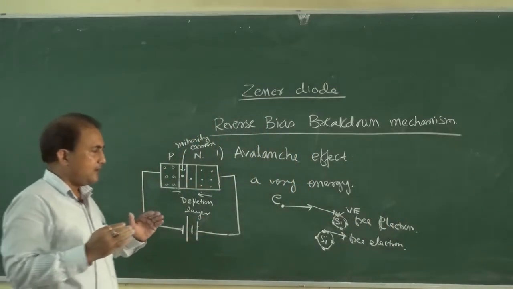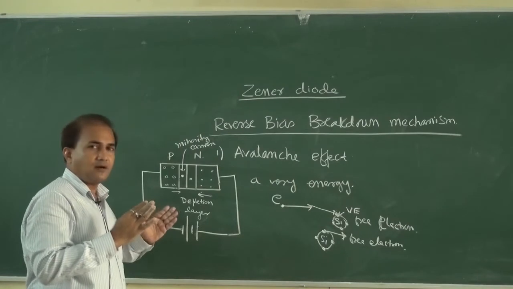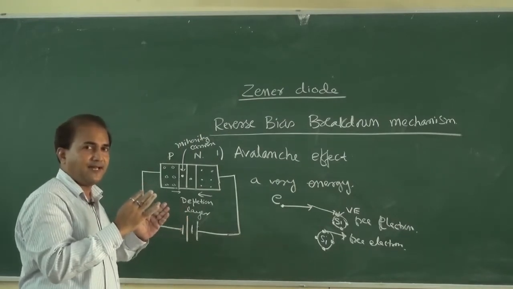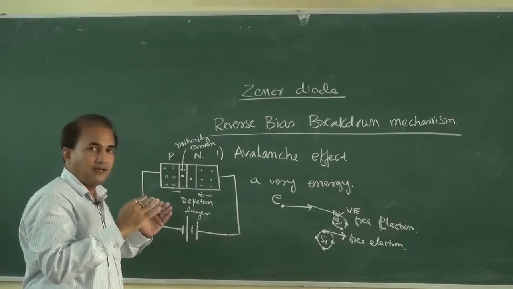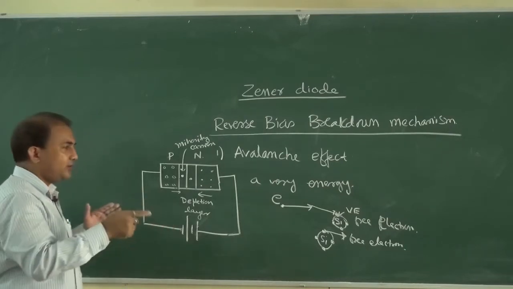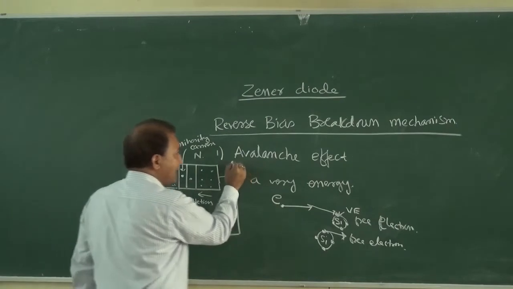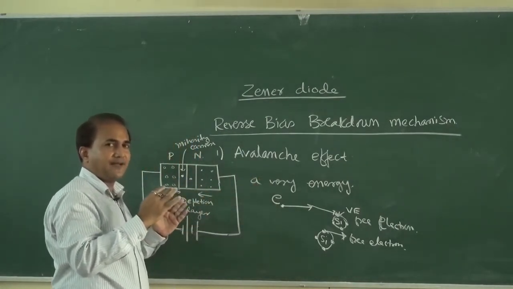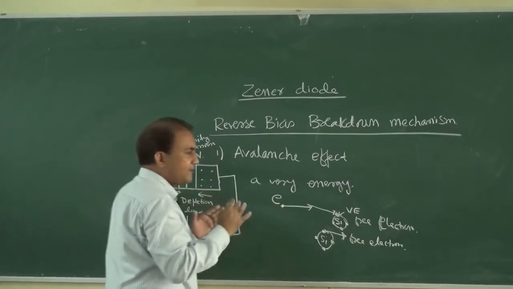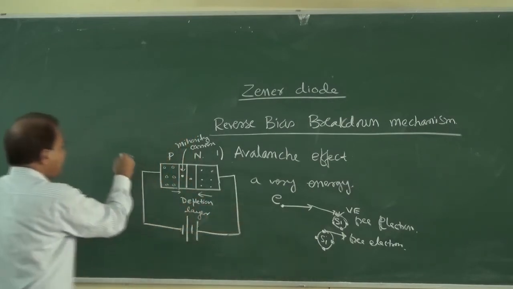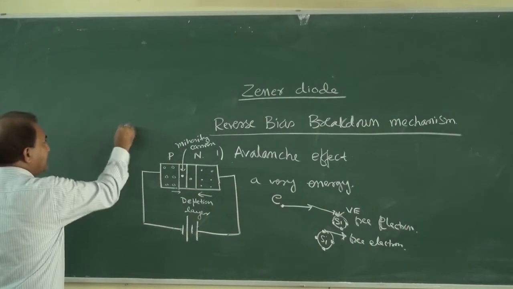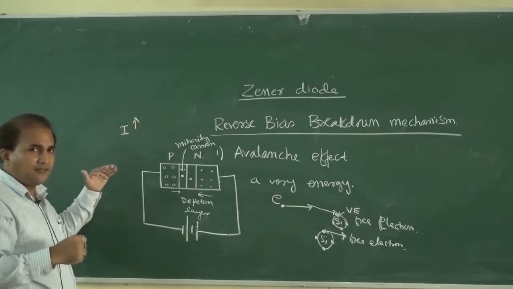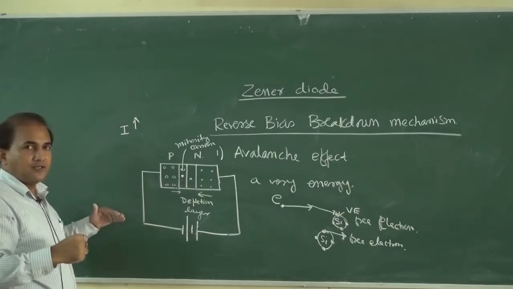In this way, an avalanche of free charge carriers becomes available. Due to the presence of a large number of free carriers, a very high current is observed just after the avalanche breakdown.